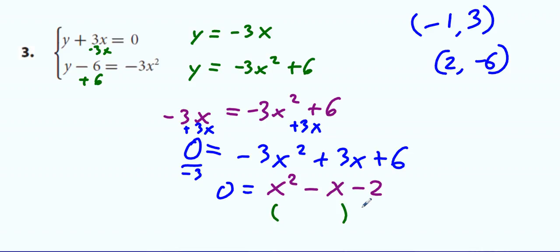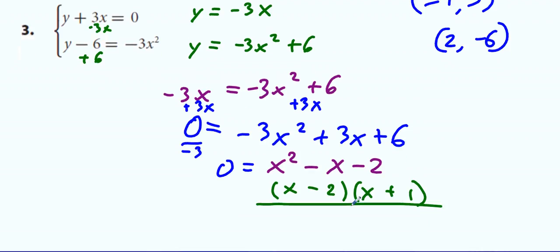We can go into the 2 parentheses. The 2 numbers that multiply to be -2 and add to be -1. That would be a 2 and a 1. One of them needs to be negative to get a negative answer, and it's going to have to be the -2 to get a negative in the middle. -2 plus 1 equals -1.